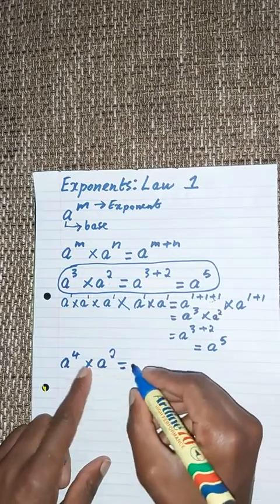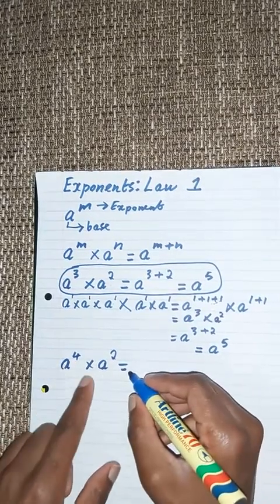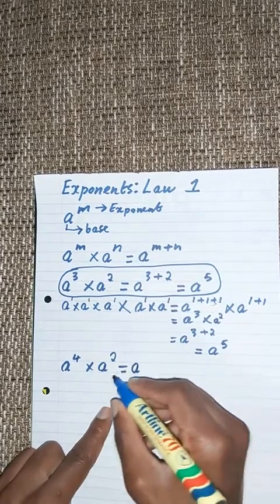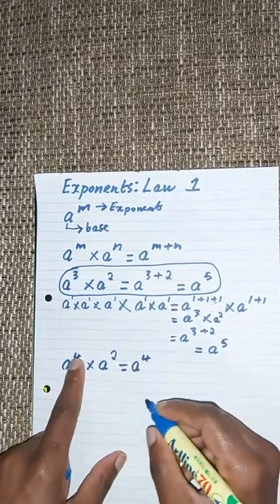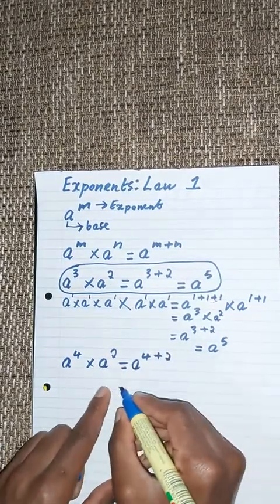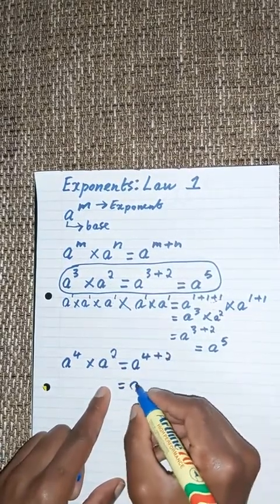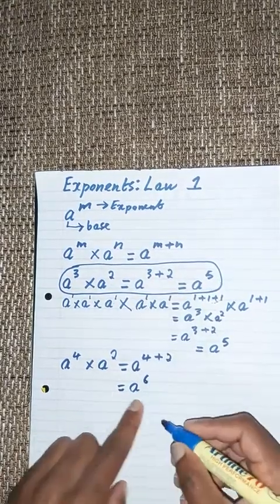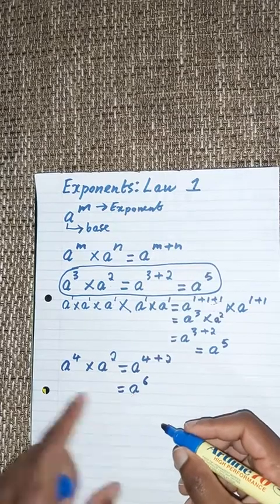A. So this a to the power of 4 times a to the power of 2 gives me the result of a to the power of 4 plus 2. When I simplify this further, it should give me a to the power of, when I combine 4 plus 2, I get 6. So this becomes my final result.